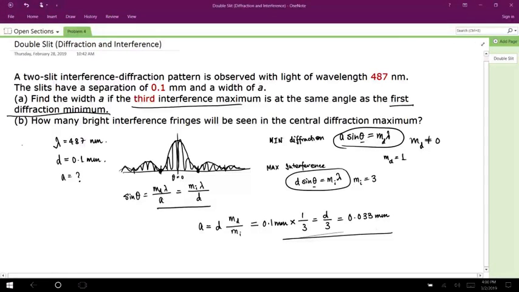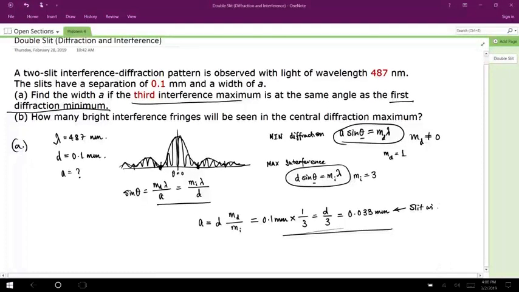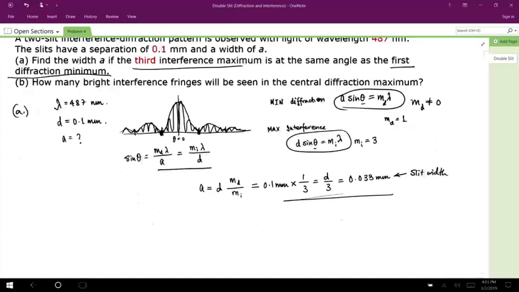And that's our answer for A. So this is the answer for part A. The slit width is a third of 0.1 millimeter. Now part B is asking us to find how many bright fringes, interference fringes, will be seen in the central diffraction maximum.